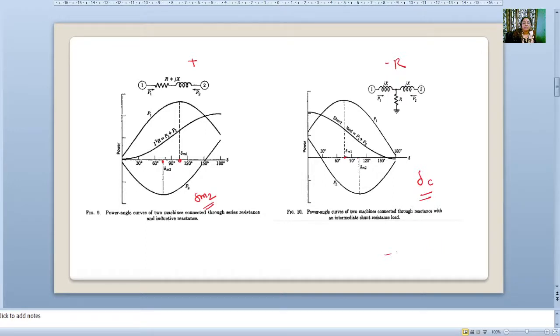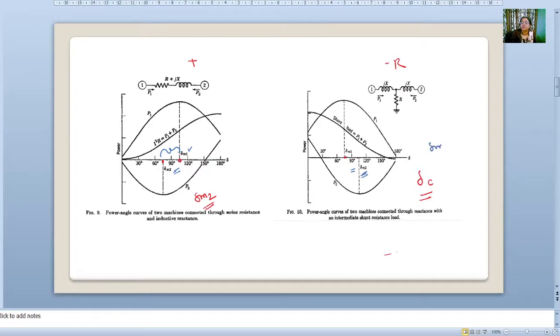Now if I compare these two cases, here in positive resistance the limit is del m2, and the margin of stability is more because it can send power up to del m1, which is greater than del m2. But in negative resistance we are getting a greater value of stable angle, because del m2 is greater than del m1.